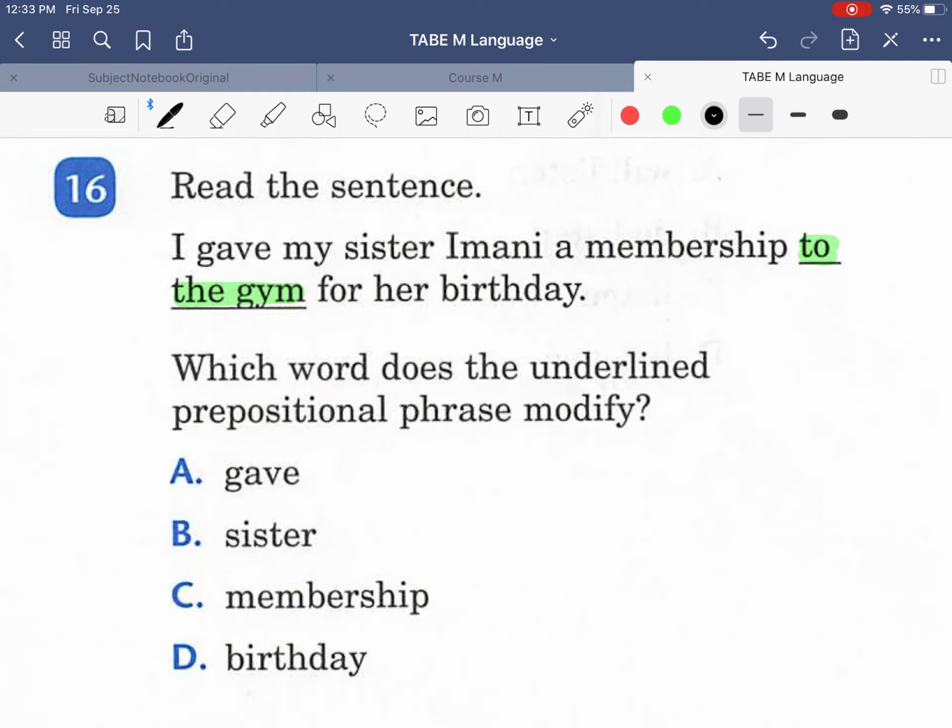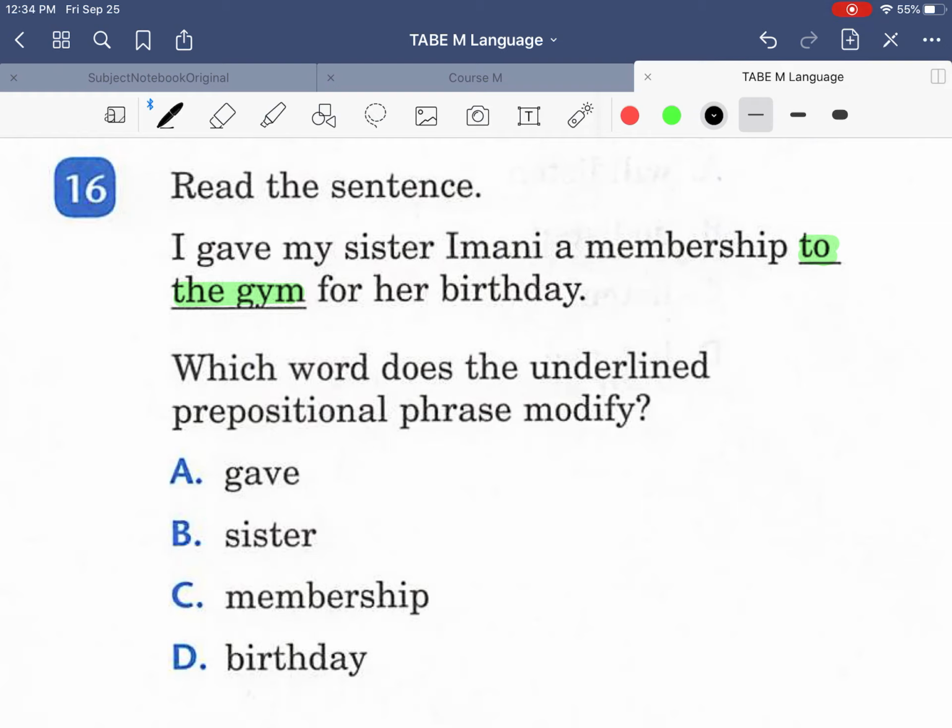Which word does the underlined prepositional phrase modify or describe? To the gym, does that describe gave? Does that describe sister? Does that describe membership or birthday?